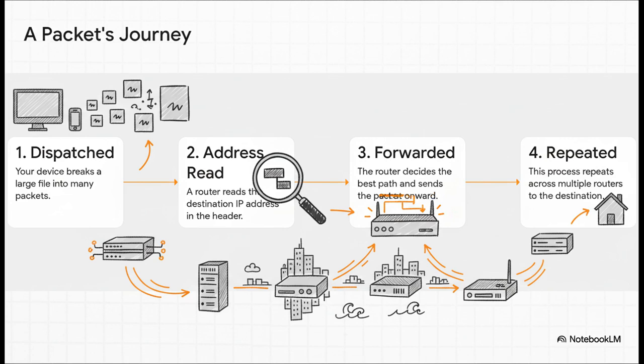A packet leaves your computer and hits the first router. The router instantly reads the destination address, figures out the best path, and forwards it to the next router in the chain. That router does the exact same thing: read, decide, forward. And this happens over and over, with the packet hopping from router to router, across cities, even under oceans, all in just a fraction of a second.